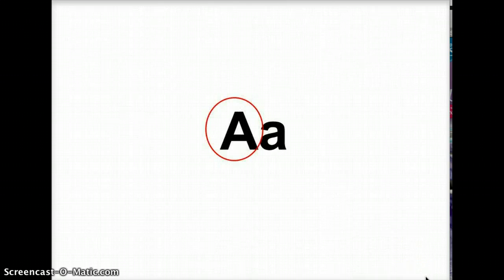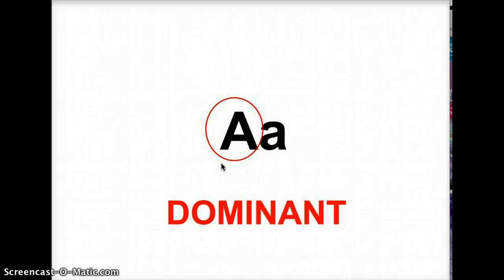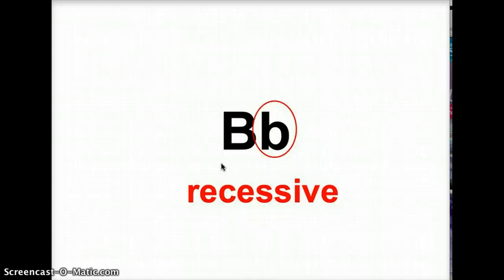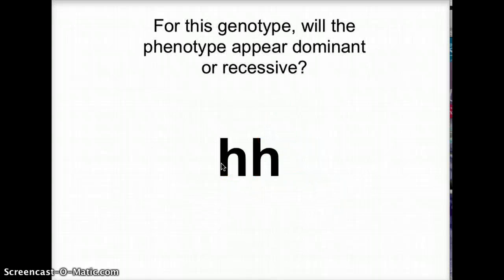Is the circled allele an example of a dominant or recessive allele? Dominant. Is the circled allele an example of a dominant or recessive allele? Recessive. For this genotype, will the phenotype appear to be dominant or recessive?